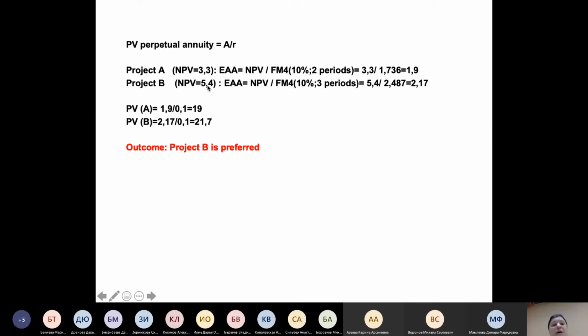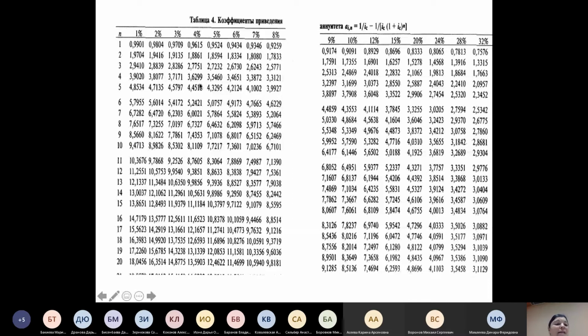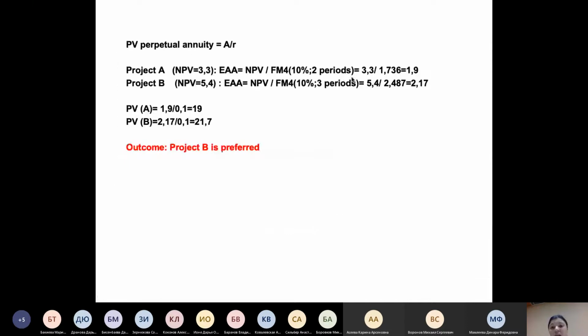When we are finding our equivalent annuity, it equals the net present value, 5.4, divided by our discount factor for 3 periods and 10%, which is 2.48.